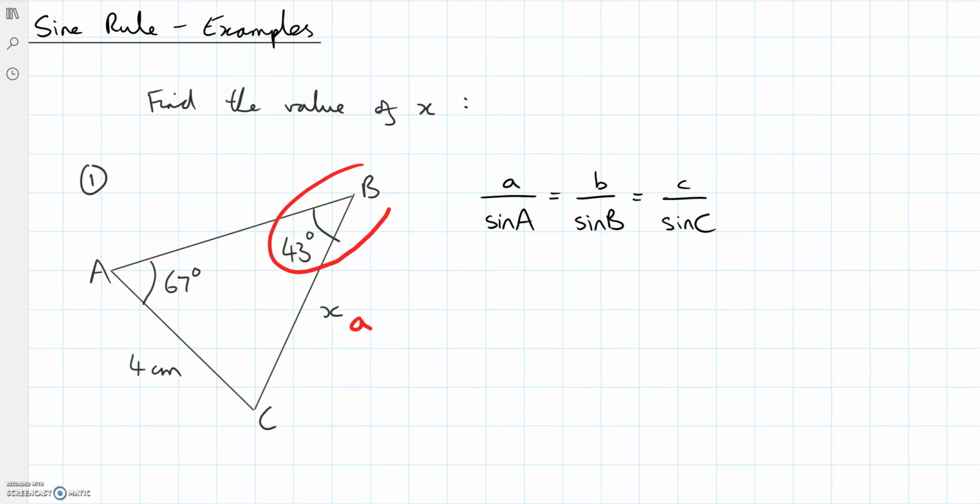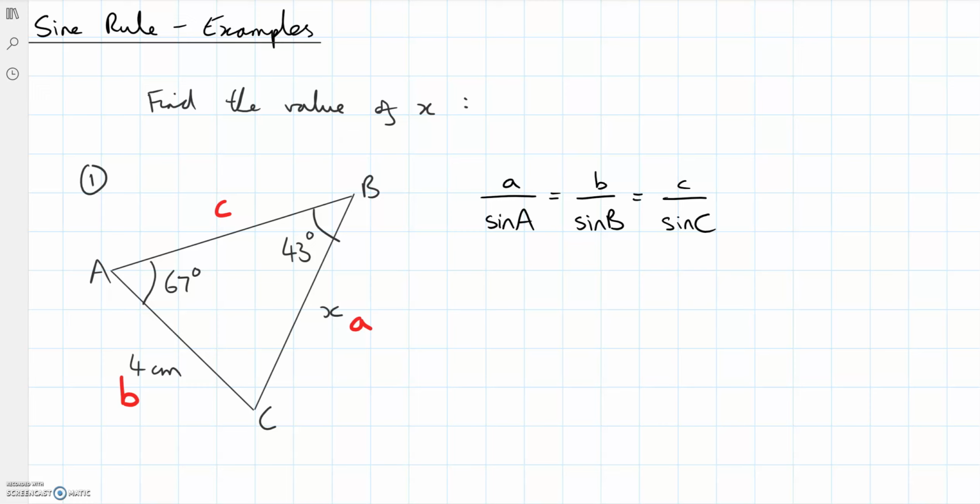Opposite our angle B, which in this case is 43, we're going to label the length of the side opposite that, which is the 4 centimeters, little b. And then opposite angle C, we don't have angle C, but opposite that we would be calling that little c as well. Okay, so we always label our triangle in exactly the same fashion, with the lowercase letters opposite the uppercase letters. And once we've done that, like in plenty of problems that we solve, we can now sub into our formula.